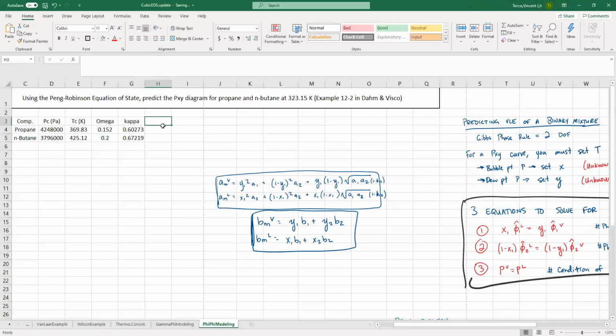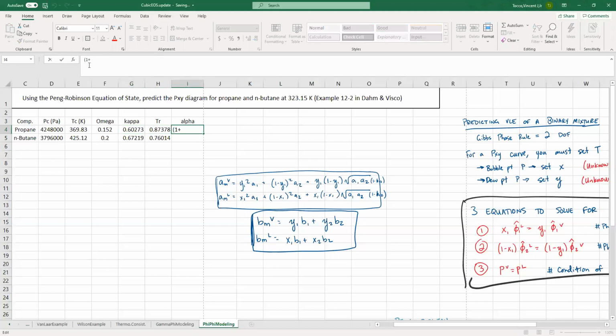And then I have another parameter, alpha, here, which is a function of kappa and the reduced temperature. So before I do alpha, maybe I want to calculate what the reduced temperature is. So TR is equal to T, so 323.15, divided by the critical temperature. All right, so that's going to help save me a couple keystrokes in the next expression for alpha. And alpha is 1 plus kappa.